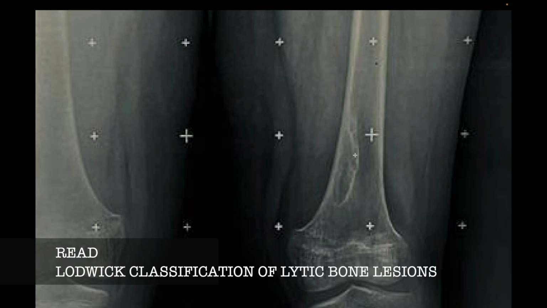Apart from that, if it is a lytic lesion, we have to tell whether it is a geographical lytic lesion, a moth-eaten lesion, or a permeative lytic lesion. There are three types of lytic lesions in bone. Geographical lytic lesion is usually non-aggressive, like this case, moth-eaten is more aggressive, and permeative lesions are very aggressive, and they are very small lesions. For example, we will see that in Ewing sarcoma.